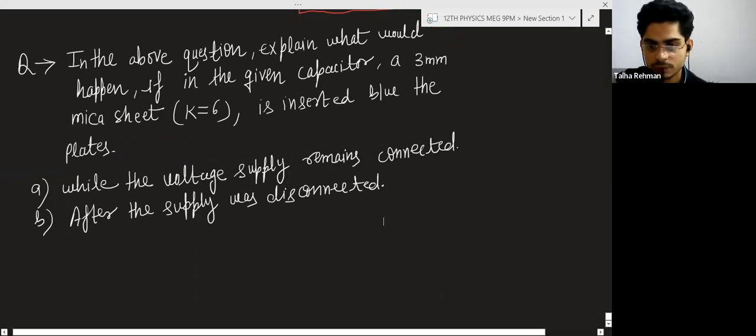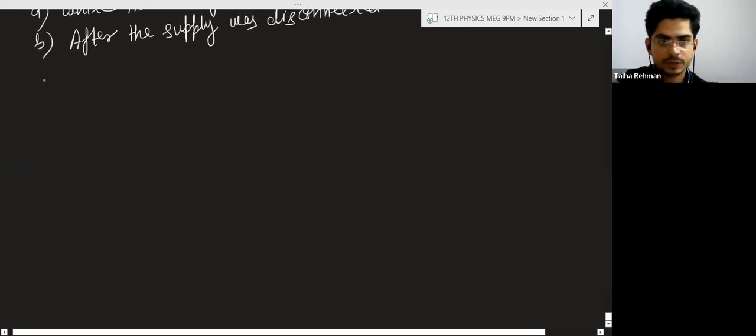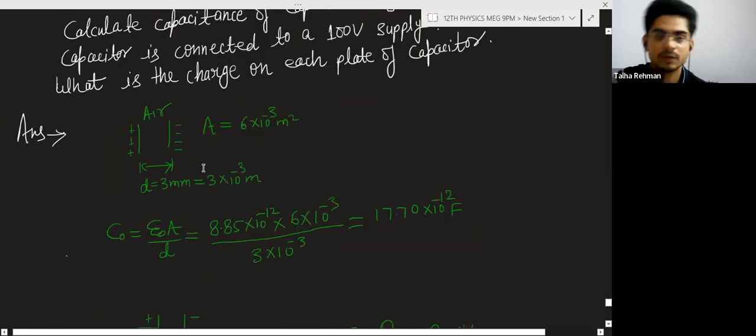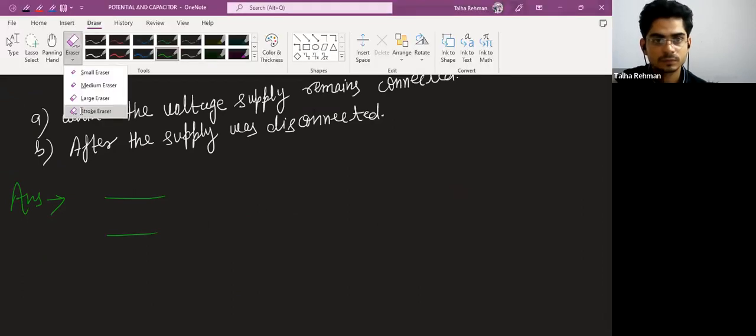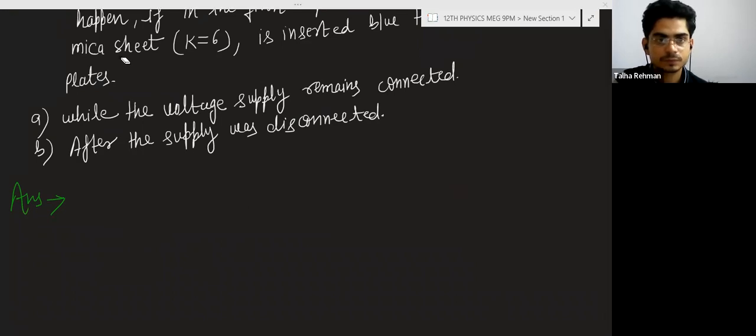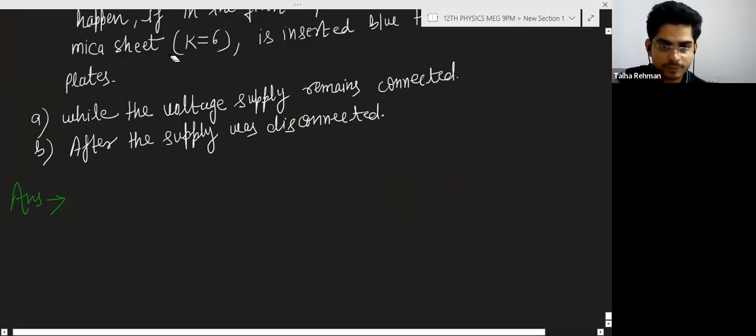Okay. So Hamza, this is a very good question, and earlier we have this. I have made it. What we have is these plates and air in between them, and distance is 3 mm. This is the initial condition.